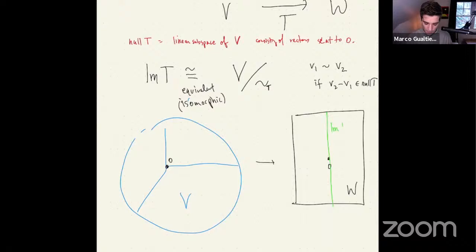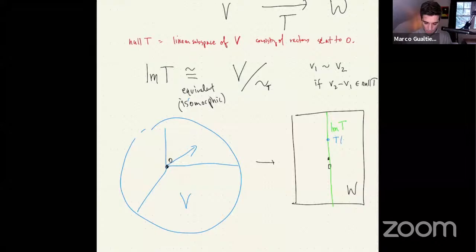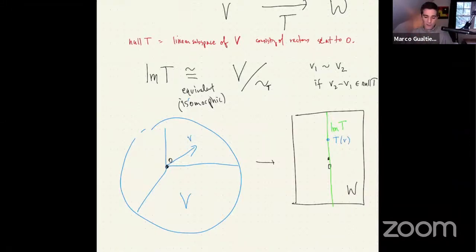This is the image of T. Just imagine that every vector here is going to be sent to something in this one-dimensional subspace, right?